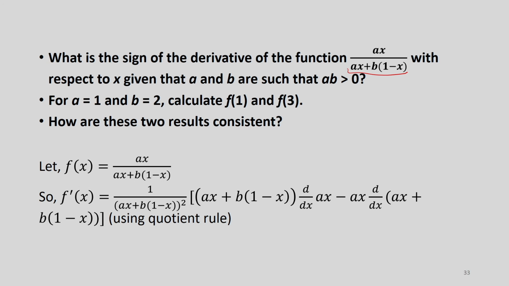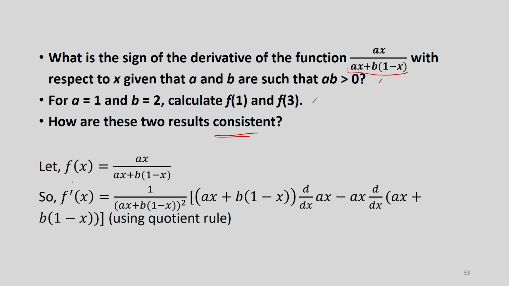So this is the first part, we have to find the derivative of this function. Second part, for a equal to 1 and b equal to 2, calculate f of 1 and f of 3. And thirdly, how are these two results consistent? Two results means this result and this result, are they consistent?